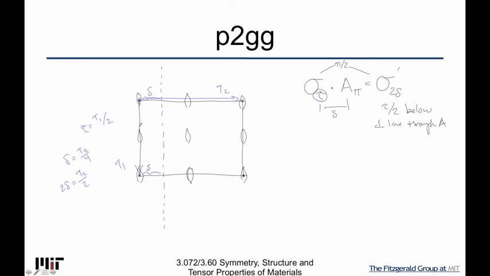So here is tau, so half of that is right here. So I'm going to have a guy here, and of course this guy's going to produce one down here and up here as well.